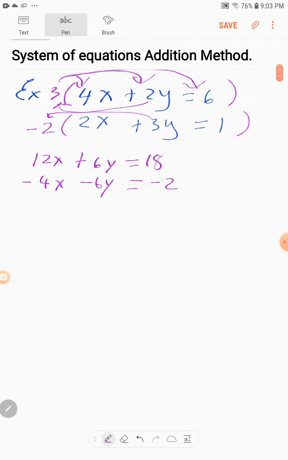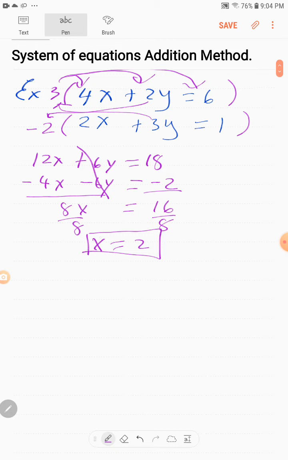So we've achieved our objective, which is to make the coefficients in front of the y the same amount, but opposite in sign. So adding down, the y's will cancel out, leaving 8x equal to 16. Now divide both sides by 8. And we have x is equal to 2.